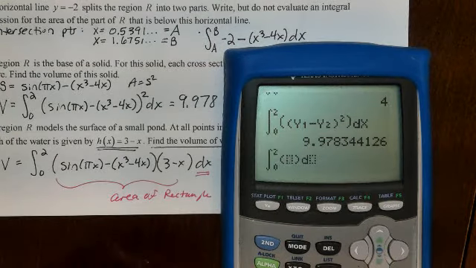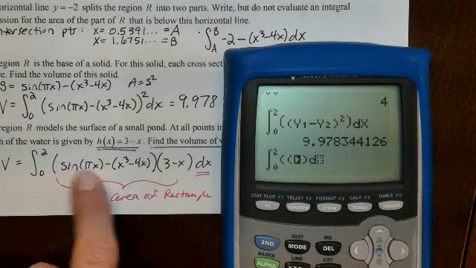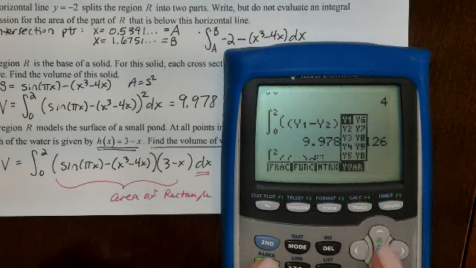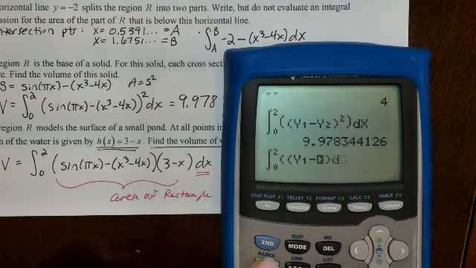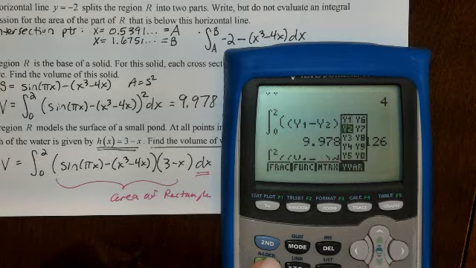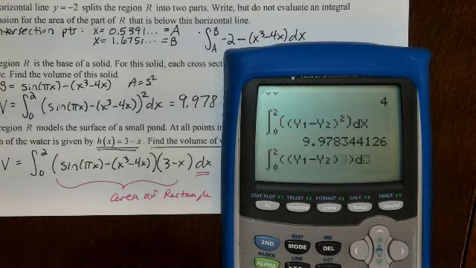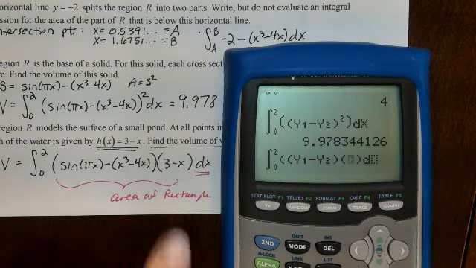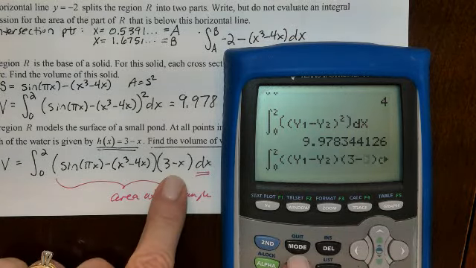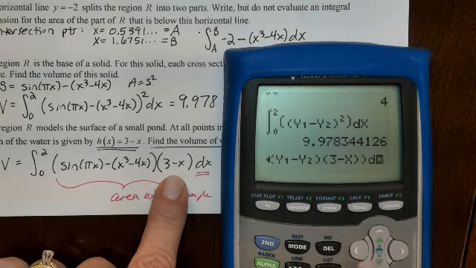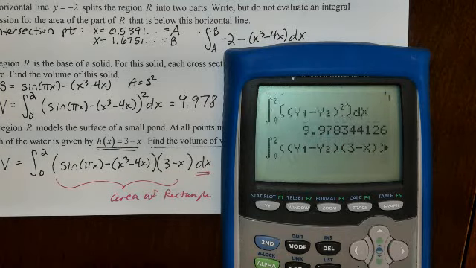Okay. Let's see, parentheses. I need y1 minus y2 again. That's a good one to put in our calculator, actually. y1 minus y2. We use that a lot. Times 3 minus x. I think I'll do that in the next problem. dx.